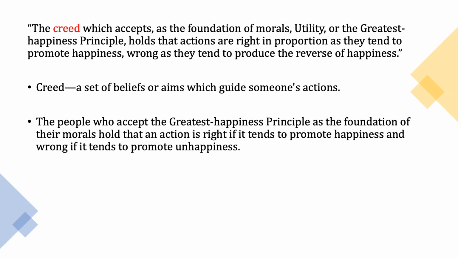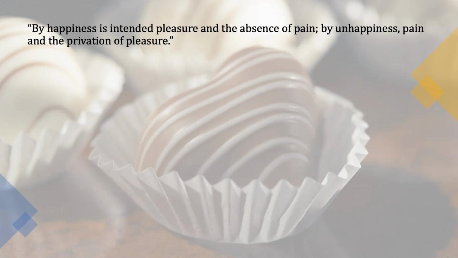So what this sentence is saying is that the people who accept the greatest happiness principle as the foundation of their morals hold that an action is right if it tends to promote happiness and wrong if it tends to promote unhappiness. Awesome. Let's look at the next sentence in the reading.